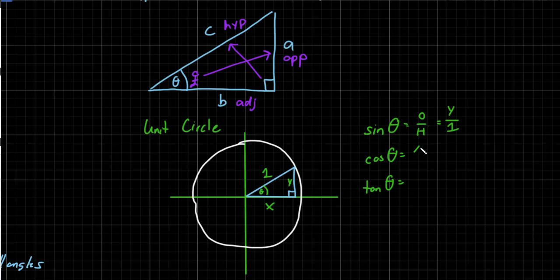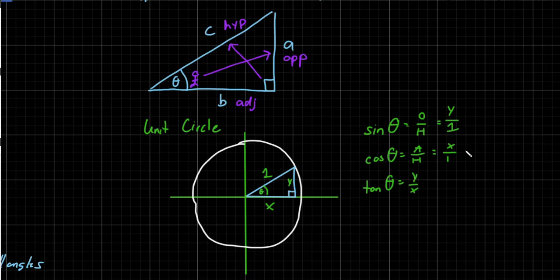Now, what about cosine? Cosine is adjacent over hypotenuse, right? What's the hypotenuse? 1. Great. What's adjacent to it? X. Boom. Find tangent on your own. You got this. What is tangent of theta?